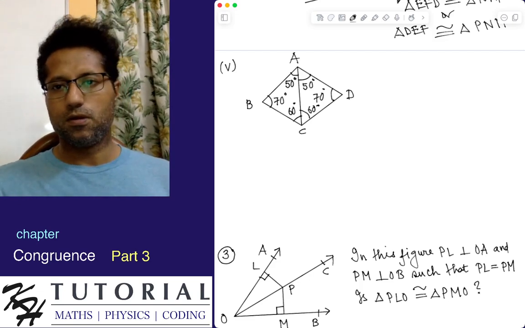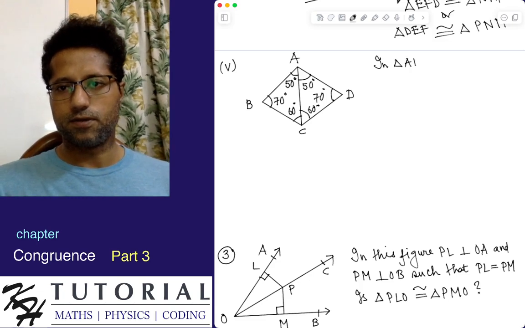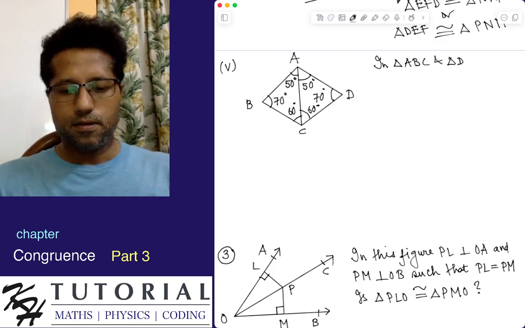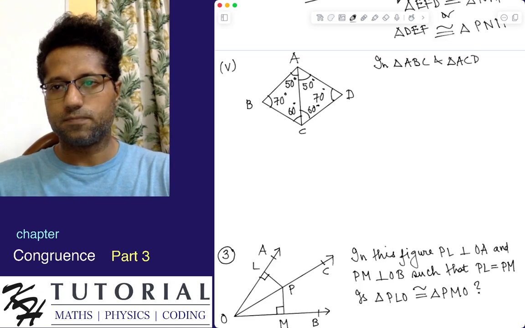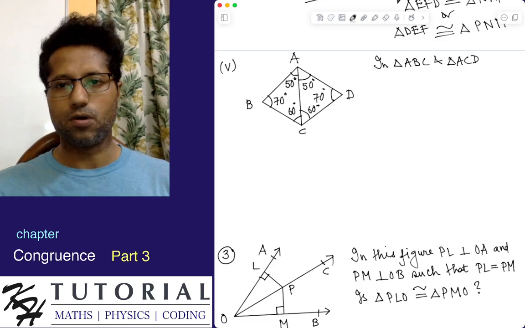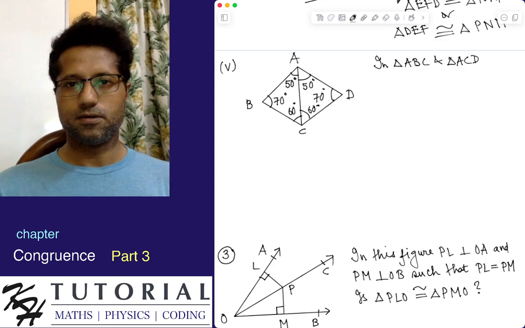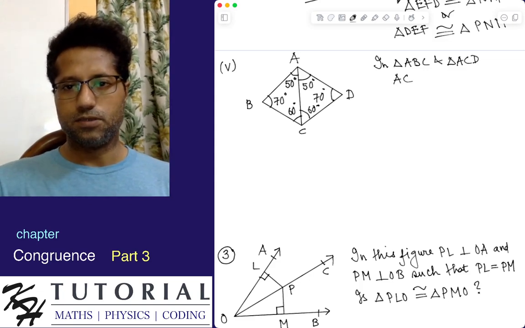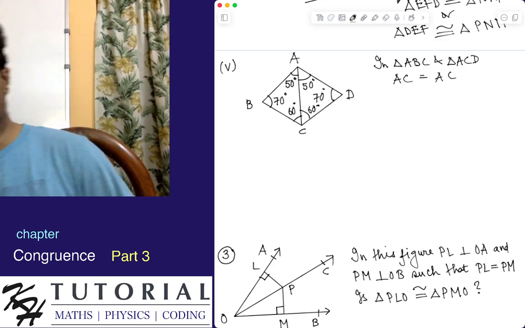These are the two triangles which are given to be congruent. So we have the common side. Even though it is not indicated, it is obvious that AC is equal to AC. Even though this looks a little weird, but it is.